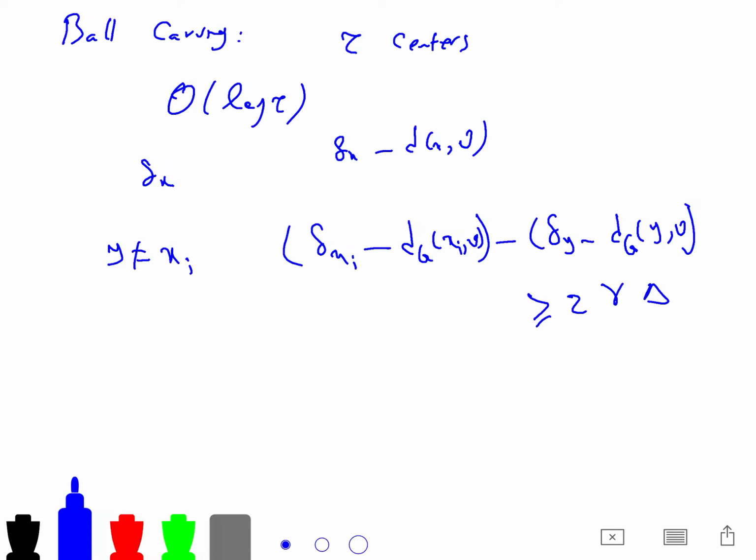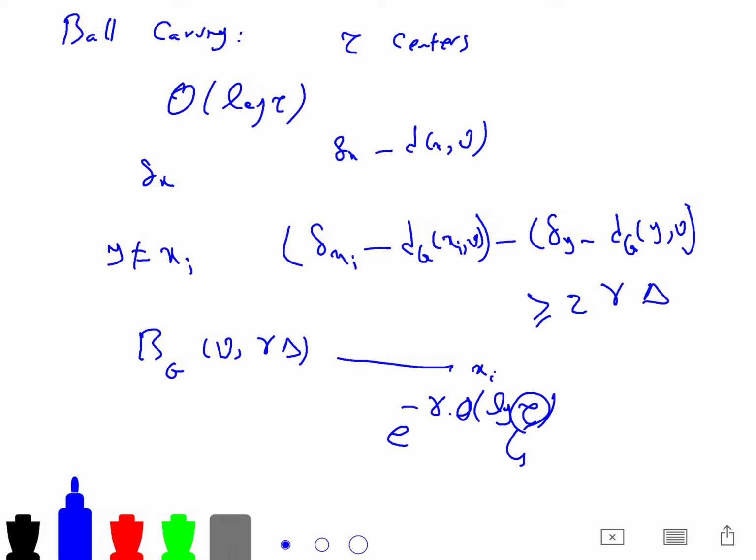If this holds for every center, then the ball B_G(v, gamma delta) is fully contained in the cluster of x_i. Using the truncated exponential distribution, we lower bound the probability of this event by e to the minus gamma times order of log tau, where tau is the number of centers.